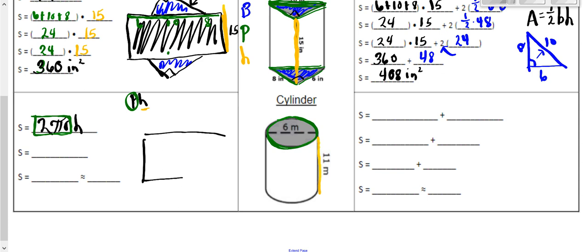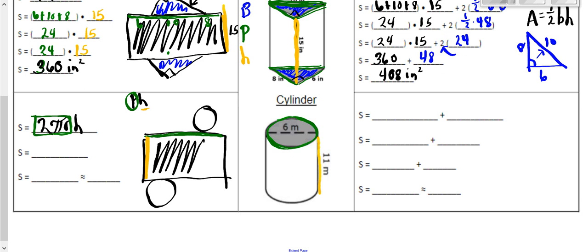So if I unroll my cylinder, we know I'll have a rectangle in the middle and I'll have two circles on the outside. So the circumference of my circle is what wraps around my circle, which is representative by this piece right here. Then I'm going to multiply by my height. So this will give me my lateral surface area.